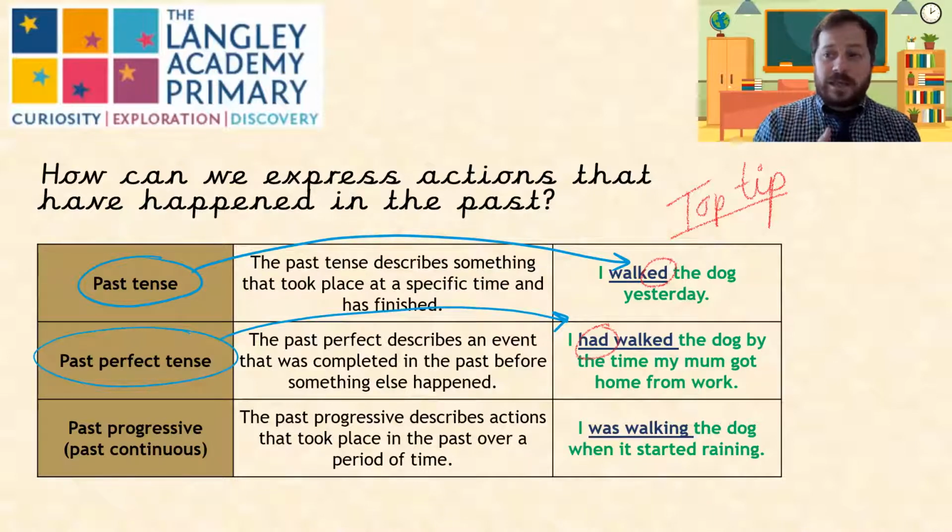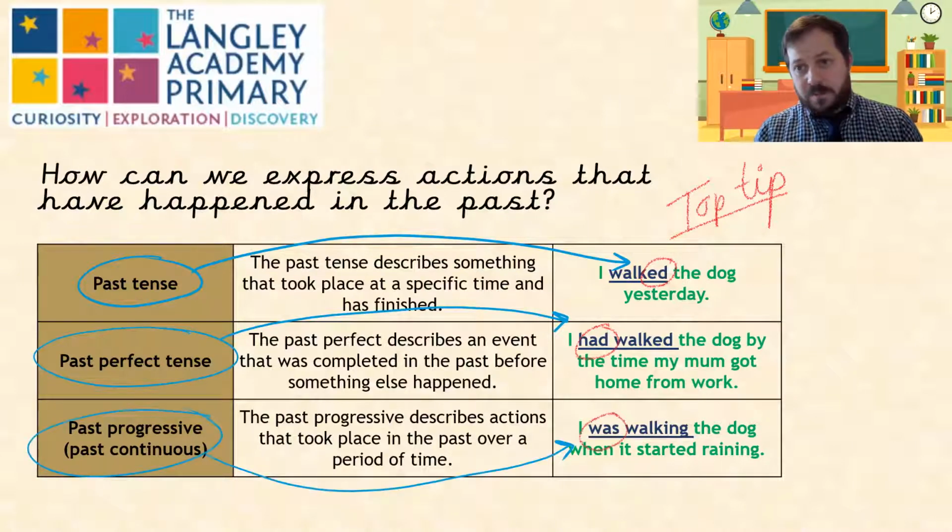I had gone and done the dishes, whatever it happened to be. That means that it's been completed in the past before something else had happened. And then the past progressive, the tip is was. I was walking the dog, I was swimming, I was running. It allows you to know that you were doing something when something else happened. And it could be was or were in most cases.